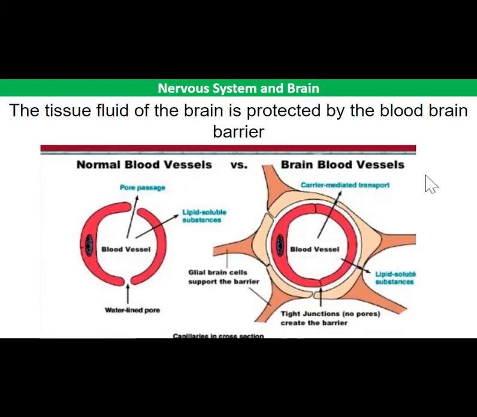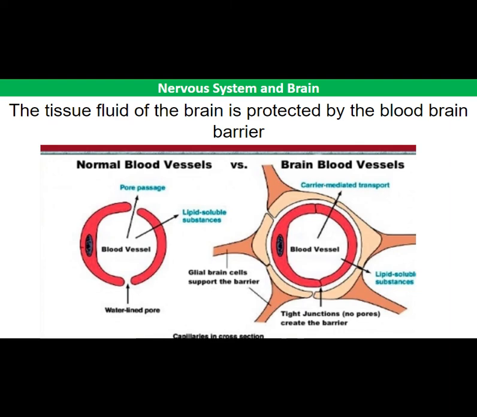Just to finish off then, we're going to look at the tissue fluid of the brain, which is protected by the blood-brain barrier. The blood-brain barrier restricts the passage of pathogens, the diffusion of solutes in the blood, and large or hydrophilic molecules into the cerebrospinal fluid, while allowing the diffusion of hydrophobic molecules like oxygen, carbon dioxide, and hormones, and small polar molecules.